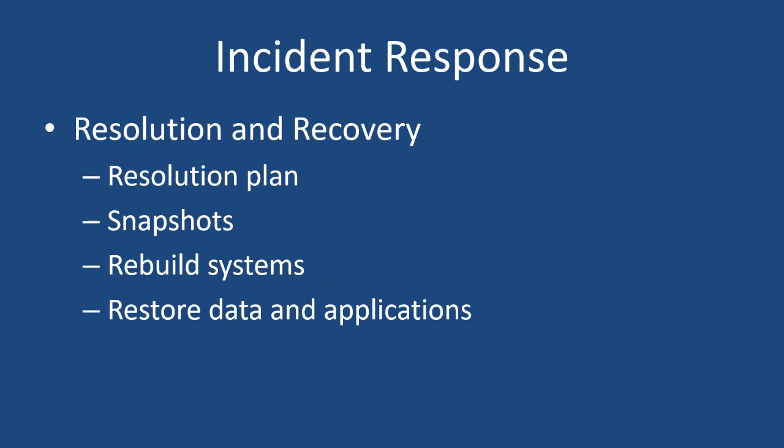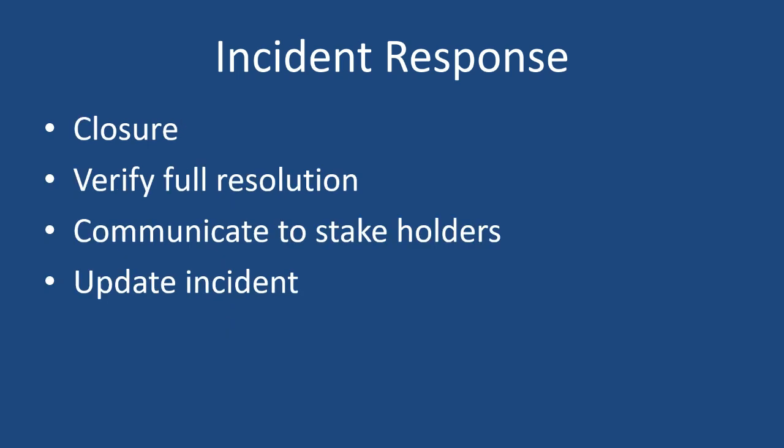Then you need to have a resolution plan in place to ensure the system recovery. So what are the components that you might need access to? You might need access to the backups, to the snapshots of the systems. You might need to rebuild the whole system completely and then restore data and applications, and then you need to ensure that the applications are operational with the data that you've restored.